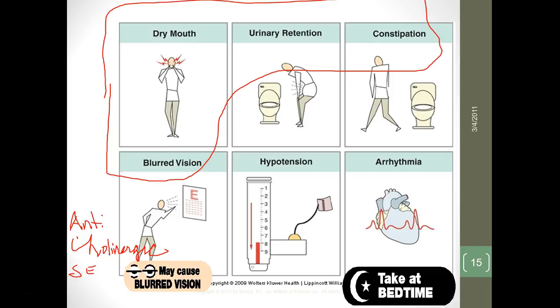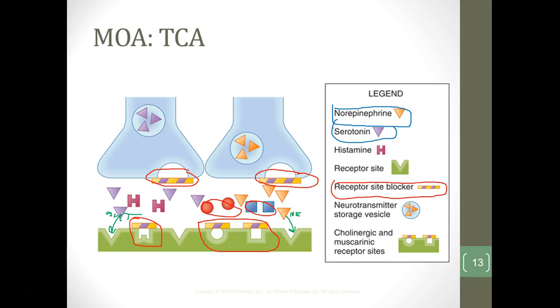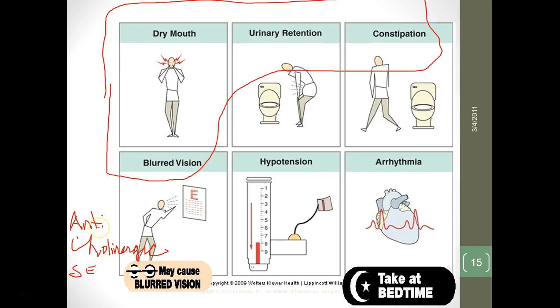So if we go back to the previous slide, we see that we are blocking those cholinergic receptors. So by blocking those, we have anticholinergic side effects. There are a set of side effects that are pretty consistent, and I'll mention those many, many times throughout the entire course of pharmacology.